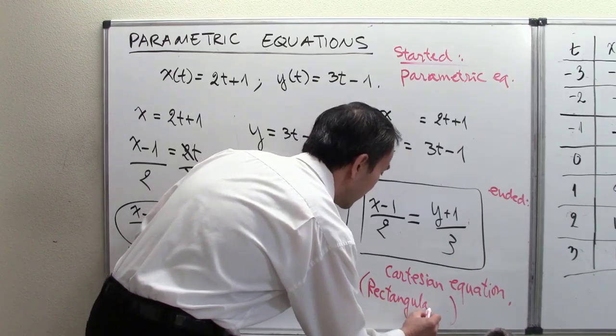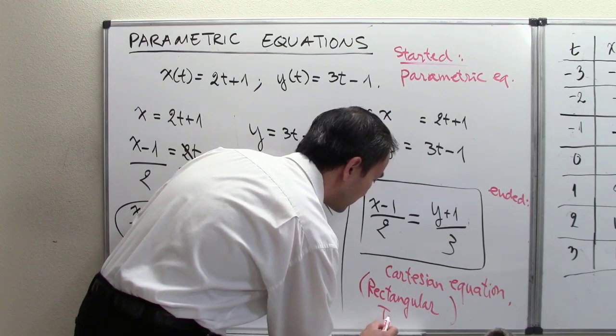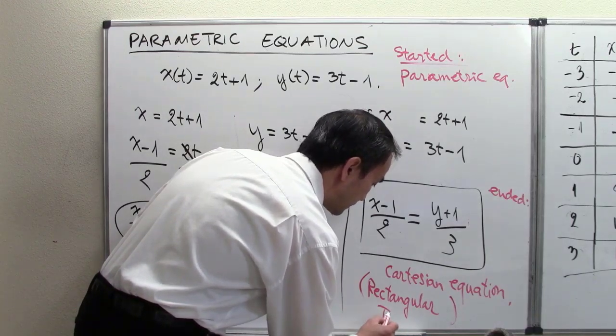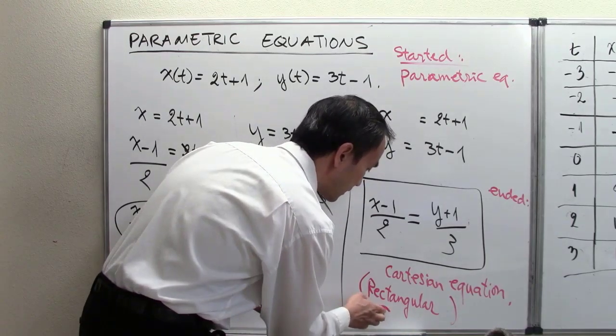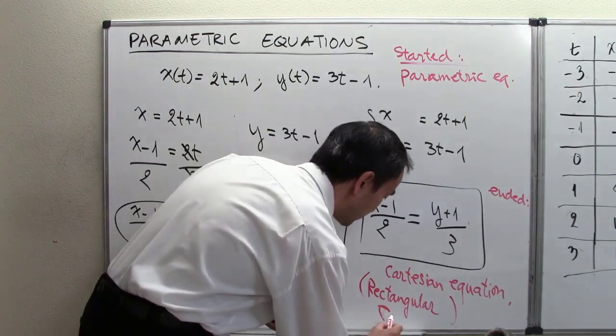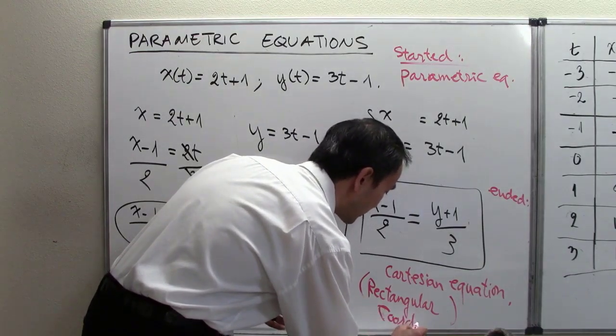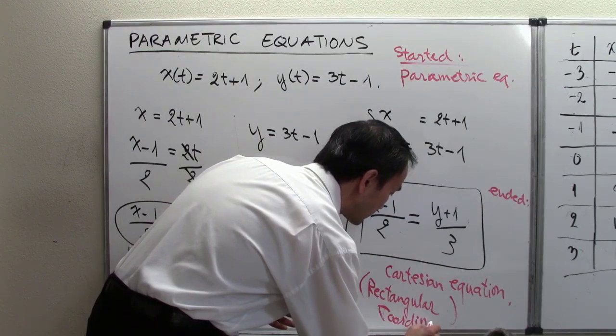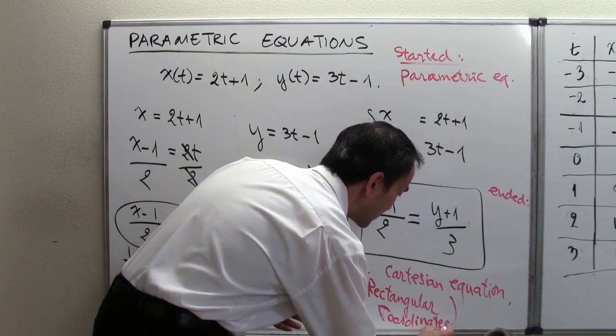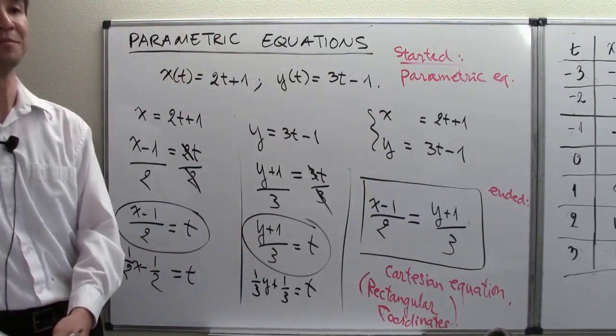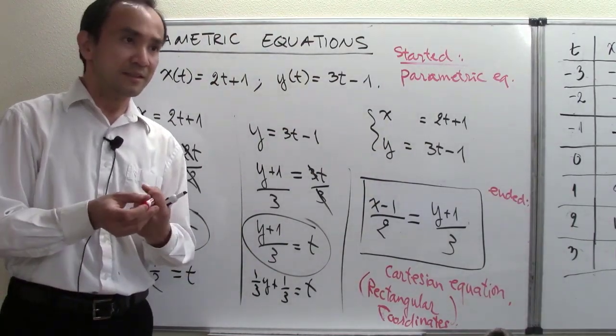Okay, and you have learned this term in other lessons, rectangular coordinates. If we've learned about polar coordinates, then we have seen these terms before as well, rectangular coordinates. All right.